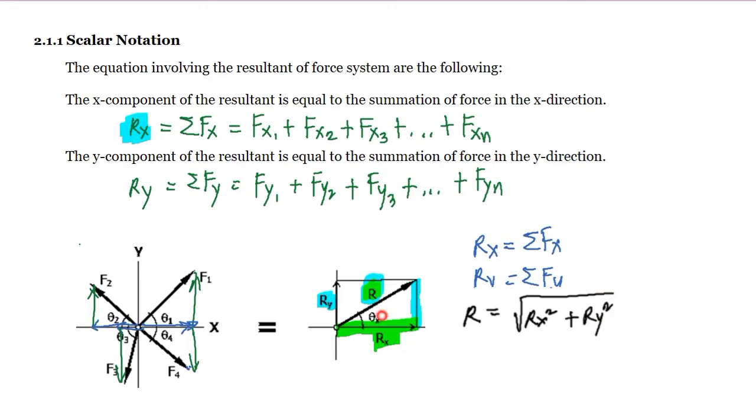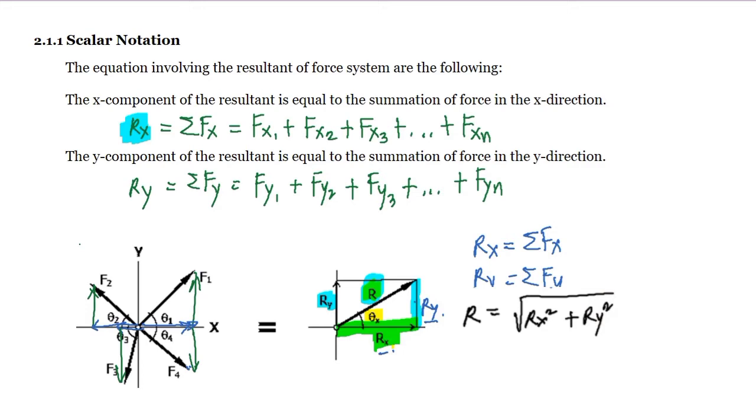If we are going to compute for the theta x, the angle between the resultant and the Rx, this is also equal to Ry, the opposite side. So if we will be using the Ry and the Rx, what we have is the opposite and the adjacent, so that is just tangent.